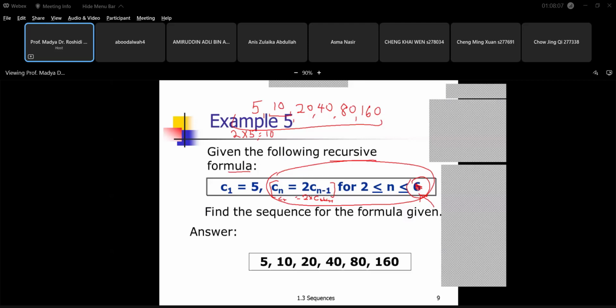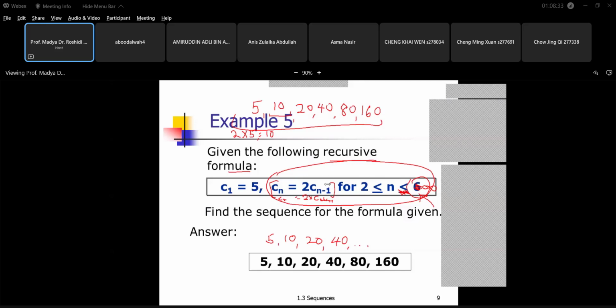If here suddenly we put infinity, how many do we need to list? At least 4. The 4 is standard. So if here we change to infinity, it means the answer will be 5, 10, 20, 40, comma, and so on.